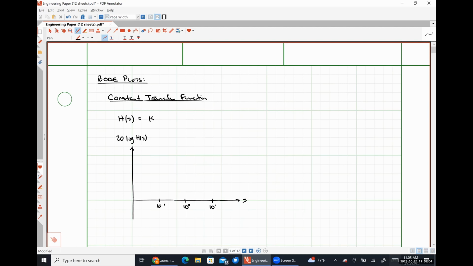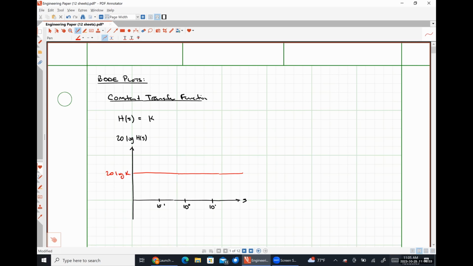So what should we see for a constant? Well, if I put literally 20 log of k into this expression, I'm just going to get a constant value that is arbitrarily here. So constant across all frequencies.